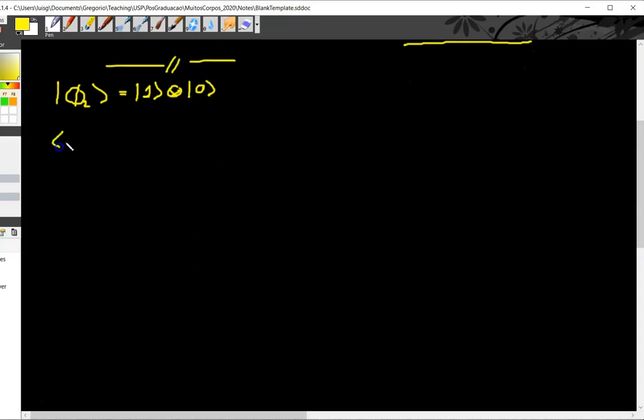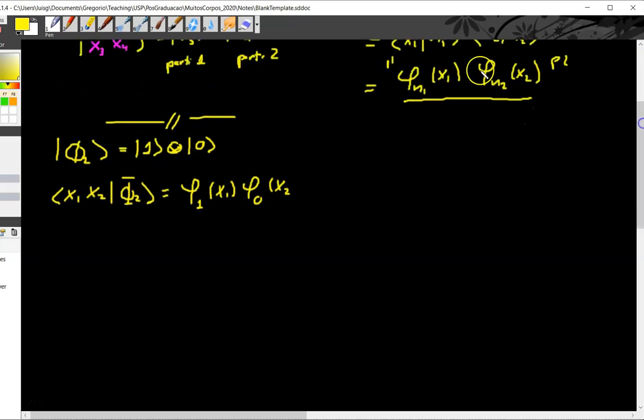So let's write this in coordinate representation, right? This is phi 1 at position x1, phi 0 at position x2, which is precisely what we had here, right?